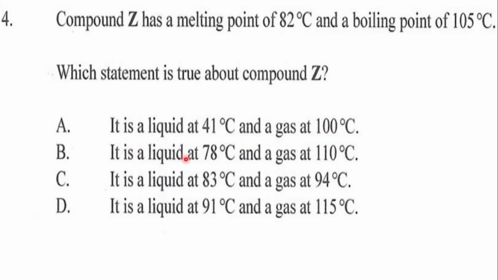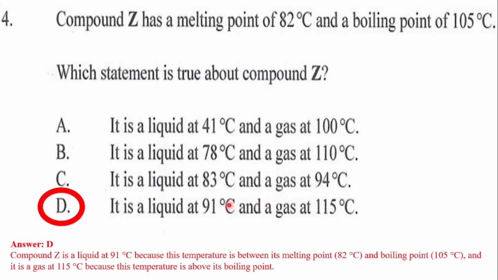B, it is a liquid at 78 degrees Celsius and a gas at 110 degrees Celsius. C, it is a liquid at 83 degrees Celsius and a gas at 94 degrees Celsius. Or D, it is a liquid at 91 degrees Celsius and a gas at 115 degrees Celsius. The correct answer is definitely going to be D.